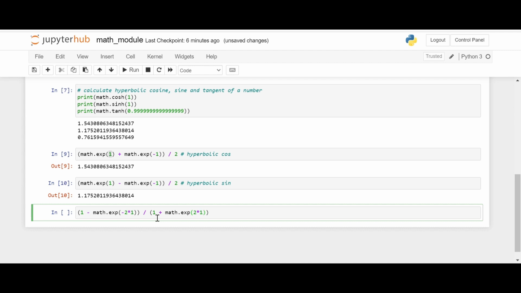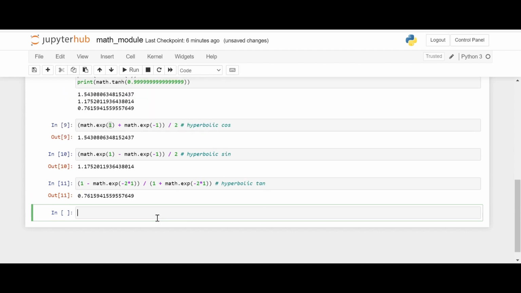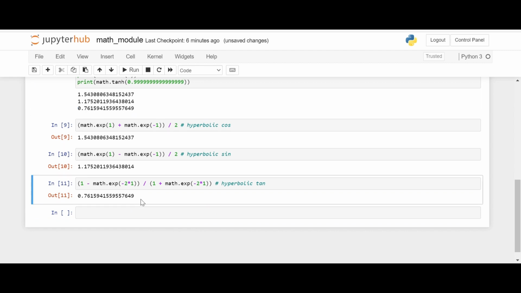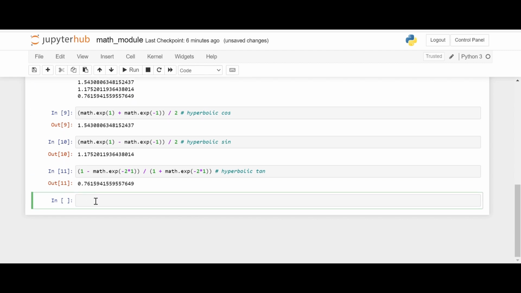Sorry, e to the power plus 2x. So this is hyperbolic tan. So I guess the same value as this one. Okay.